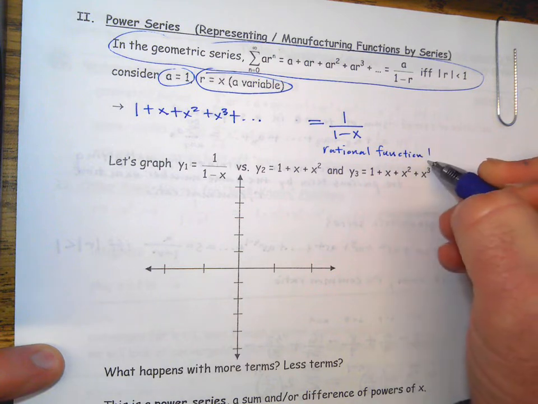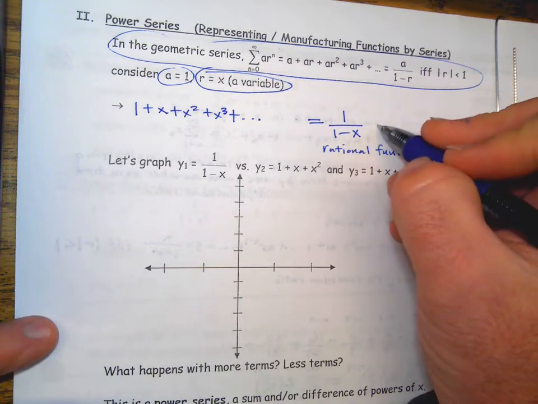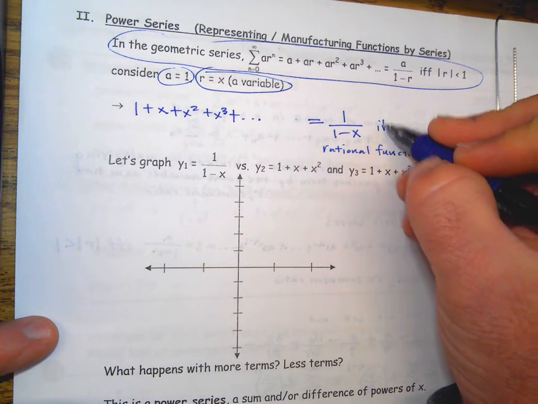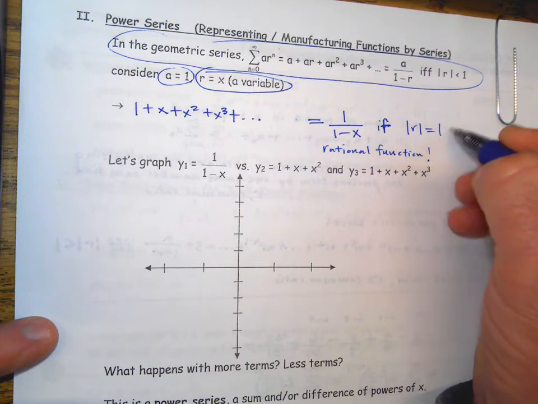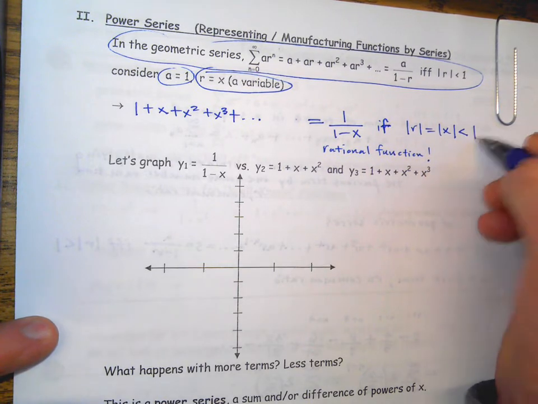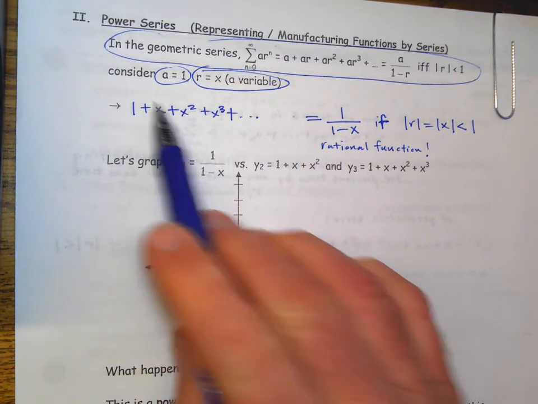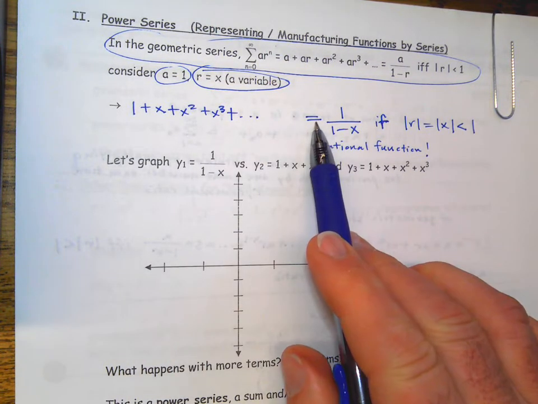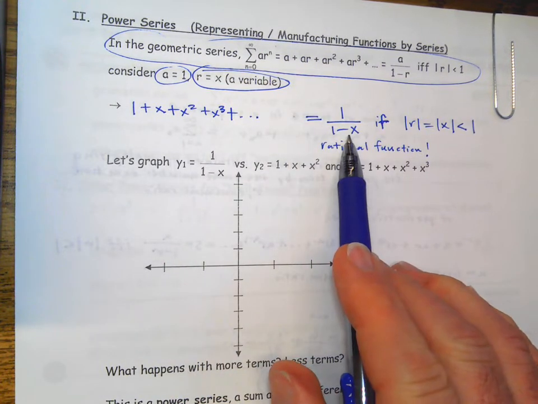But it's only true if the r value, which in this case is x, has an absolute value less than 1. So what I'm claiming is this series converges to this function. If you plug any value of x in here, it'll give you the same thing as this.